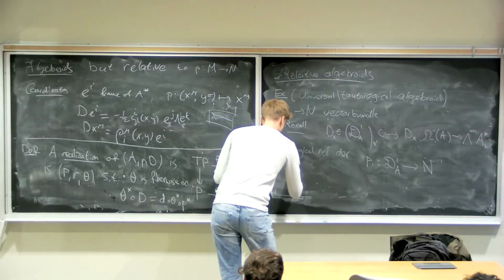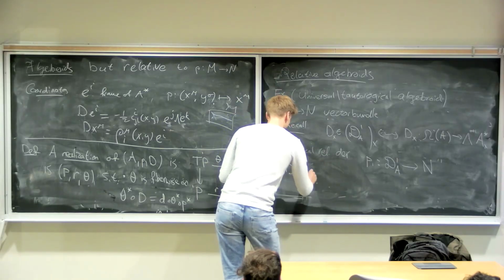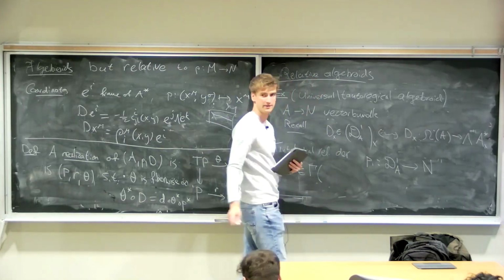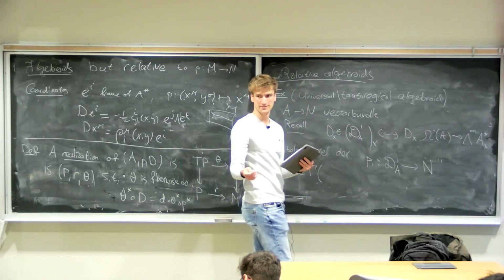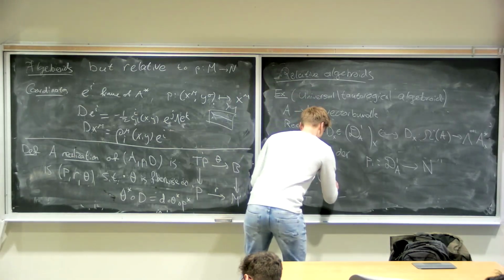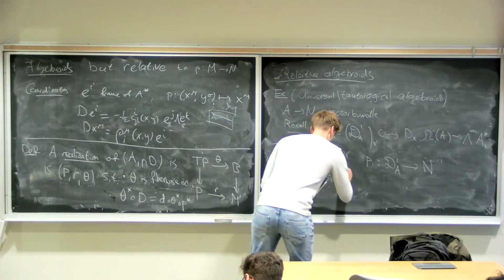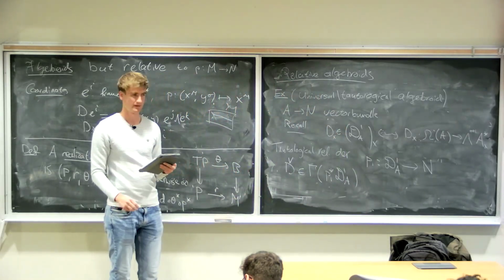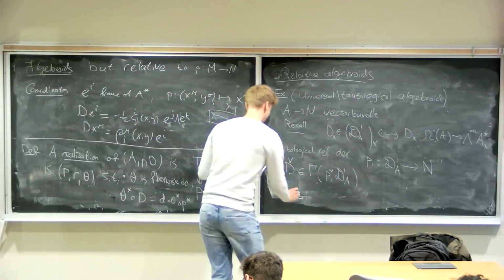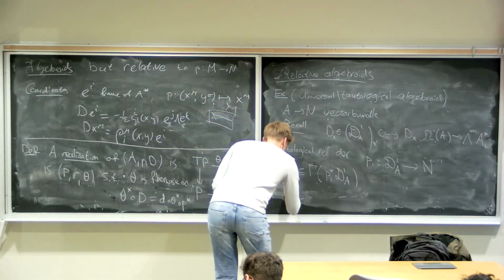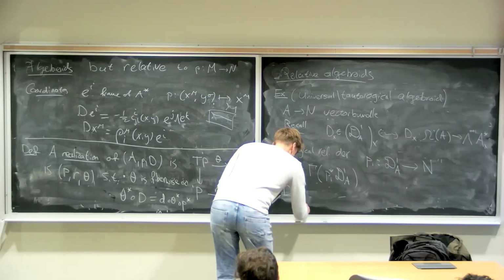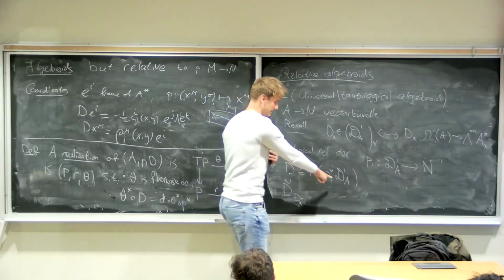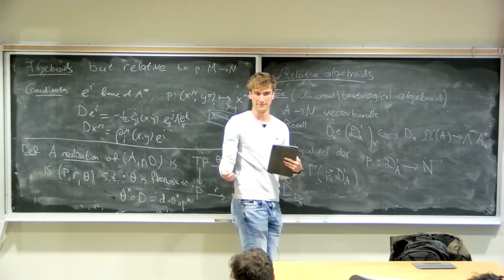So to specify a derivation, we have to specify a derivation relative to P1. We have to specify a section of the pullback bundle, the pullback derivation bundle. And it's a tautological section because at the point dx, it has to be an element in the fiber of D1 of A. So it can be dx itself.